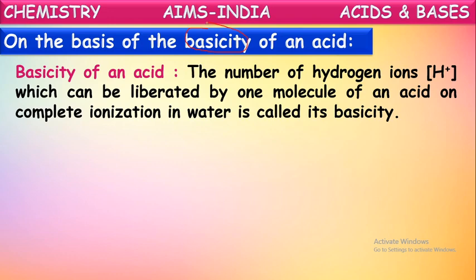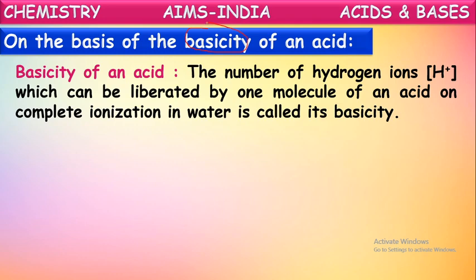So based upon this, the number of hydrogen ions liberated from one molecule of an acid, its basicity is defined. The number of H+ ions liberated from one molecule of an acid is called its basicity. Okay, basicity means the number of hydrogen ions liberated from one molecule of an acid.